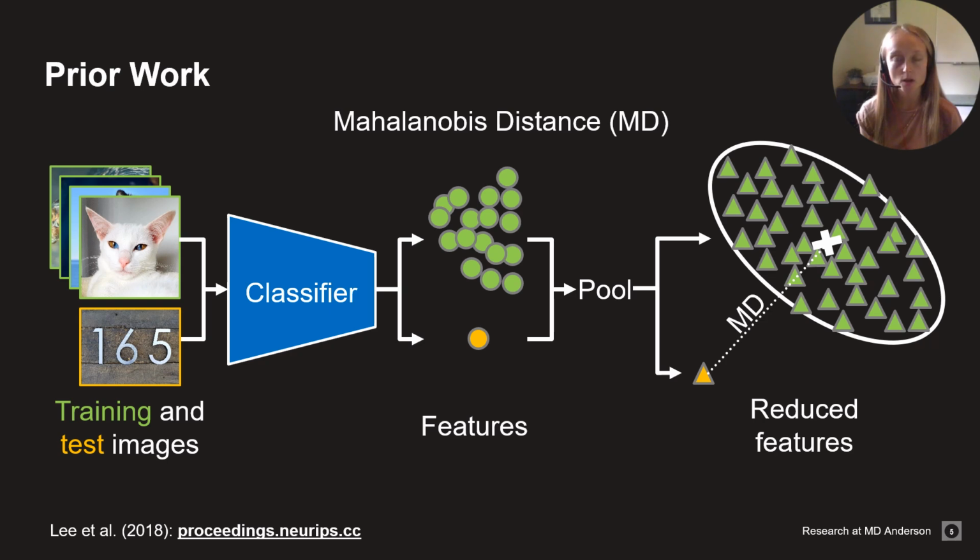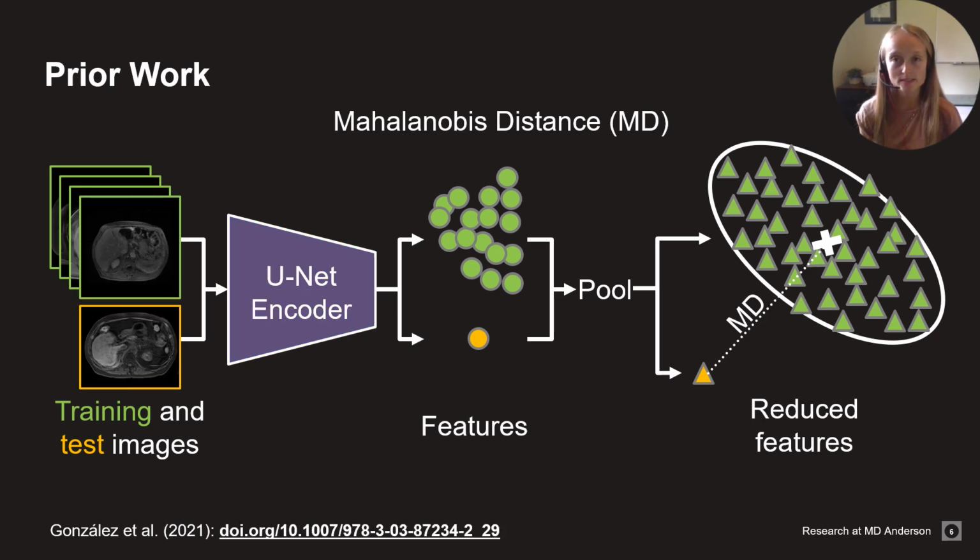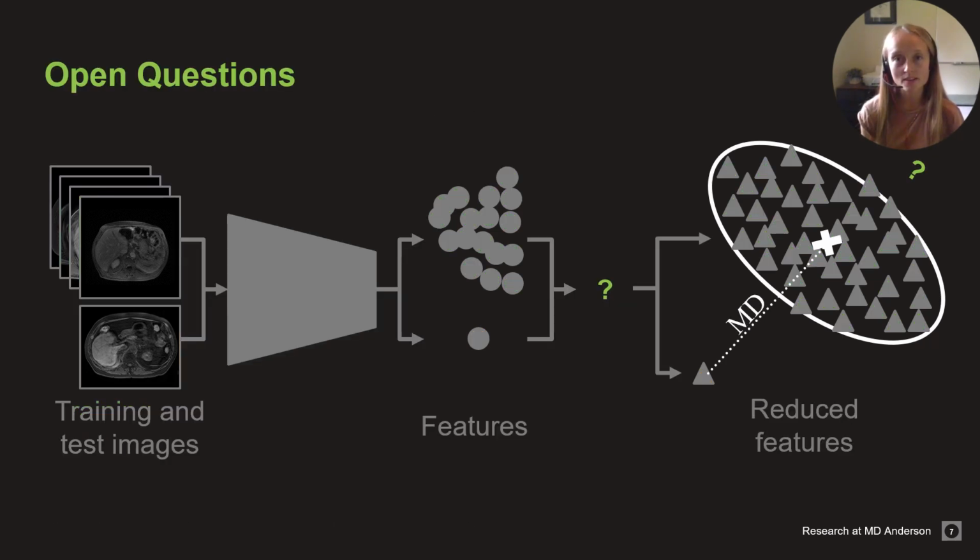Typically, this has been done with average pooling. The Mahalanobis distance was brought over into medical imaging segmentation models by extracting features from the encoder of a UNet architecture.